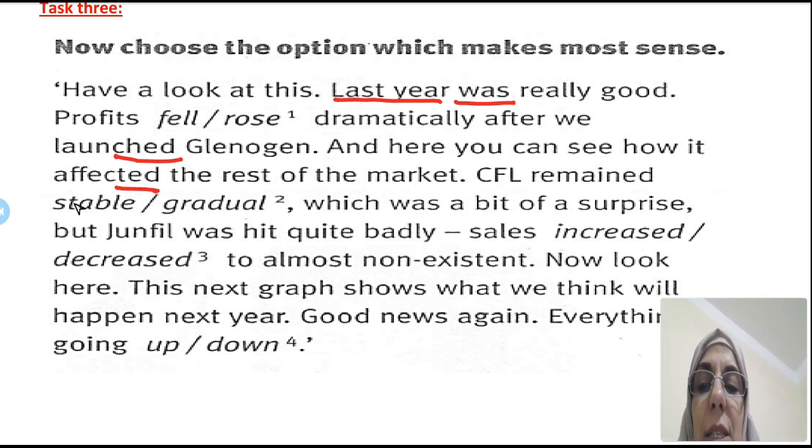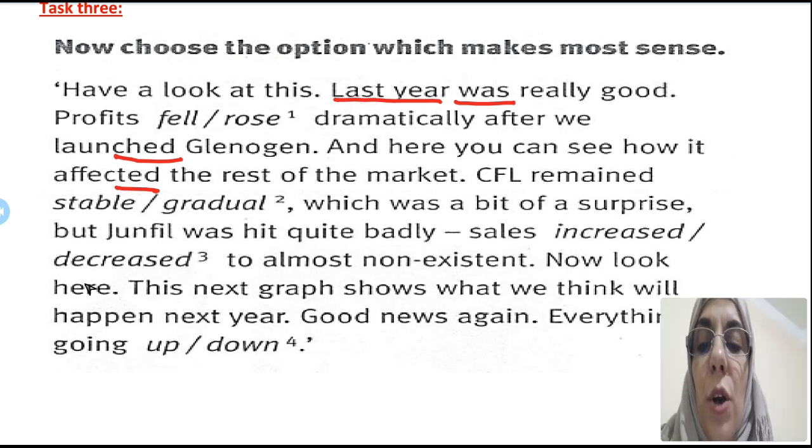CFL remained stable or gradual. Which one is better? Which was a bit of a surprise, but Janfil was hit quite badly. Sales increased or decreased to almost non-existent. So what do we say? Increased or decreased?